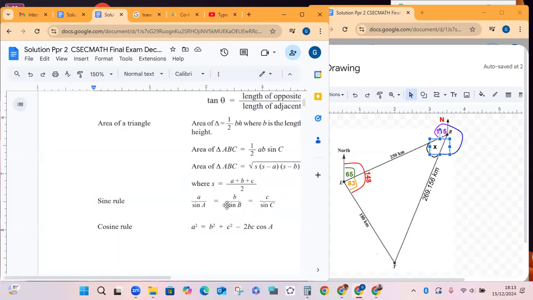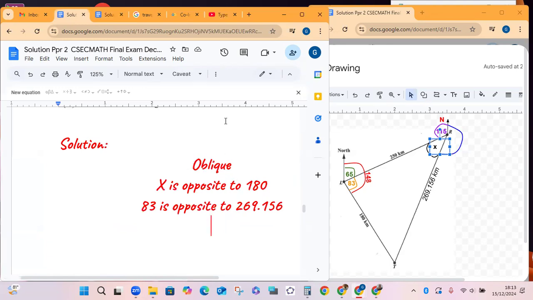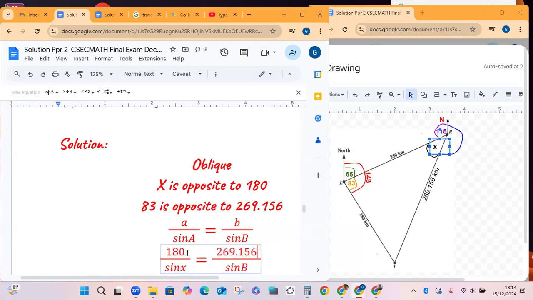A over sine A is equal to B over sine B. And let's substitute. Remember, the lowercase letters are the sides and the uppercase letters are the angles. So therefore now, what do we have? We have 180 over sine x is equal to 269.156 over sine 83.